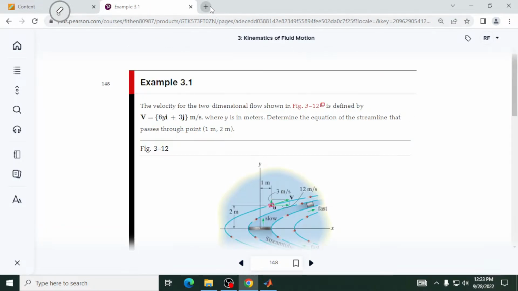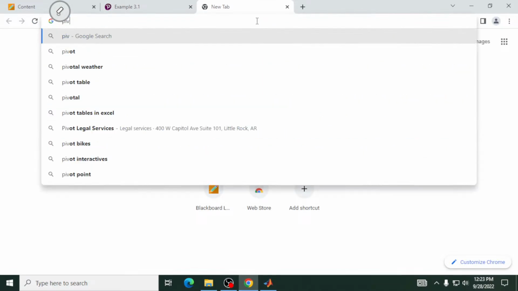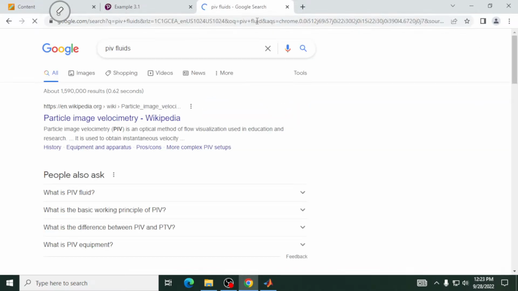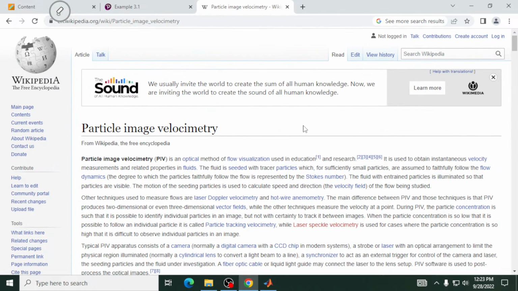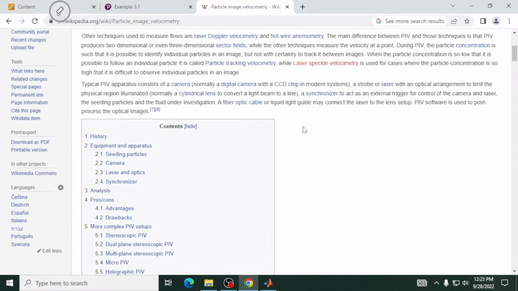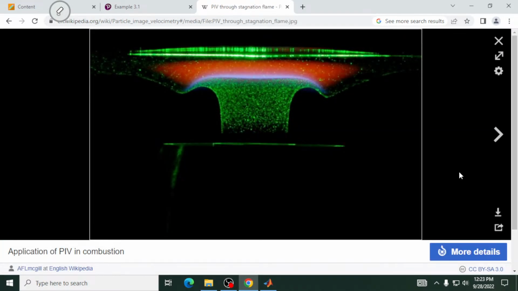Okay, particle image velocimetry. I don't know how good the image is here, but what you do is you take a laser sheet.